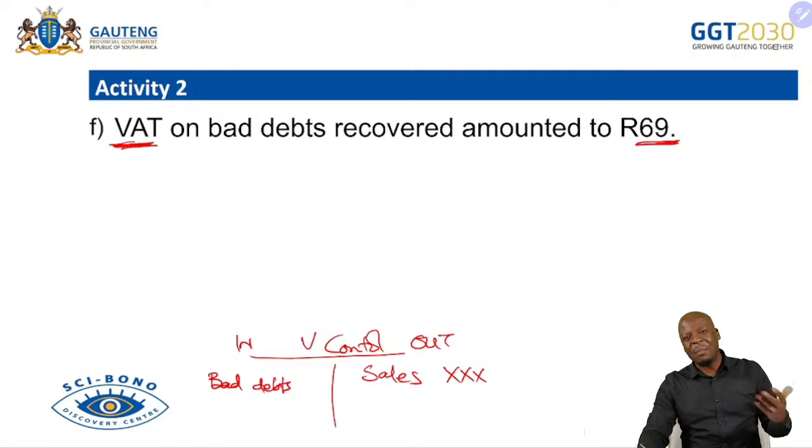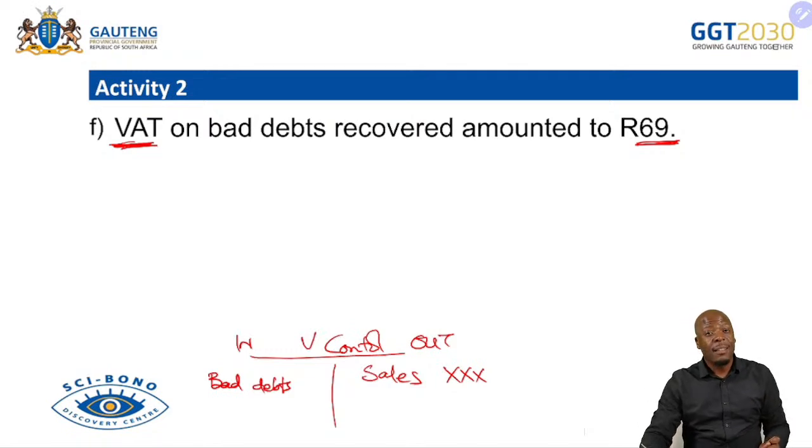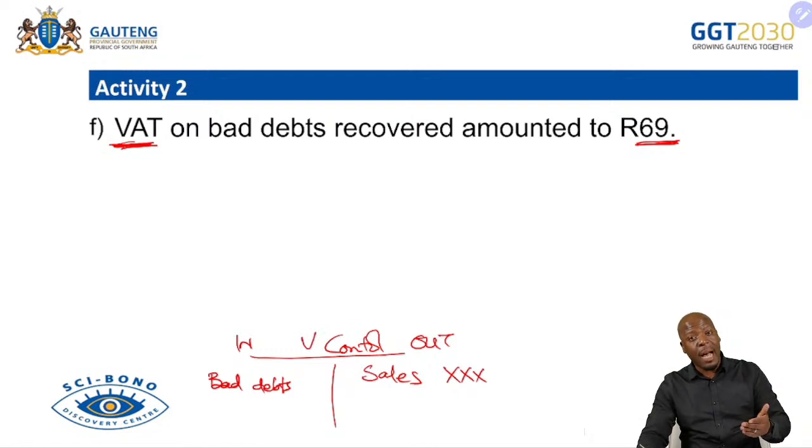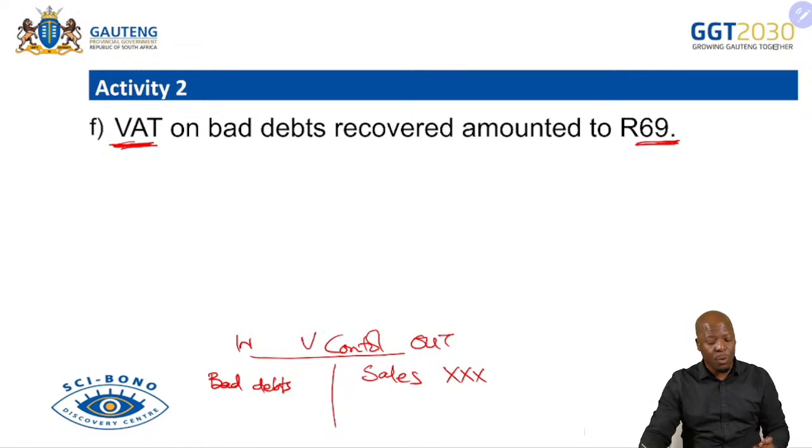And then something again happens. The debt is then recovered. That simply means now we have to reinstate the amount that is due to SARS. In other words, the amount that was due to SARS that we had reduced, we now have to increase it again. So it would mean we had bad debts of 69, and therefore the bad debts recovered now becomes 69.